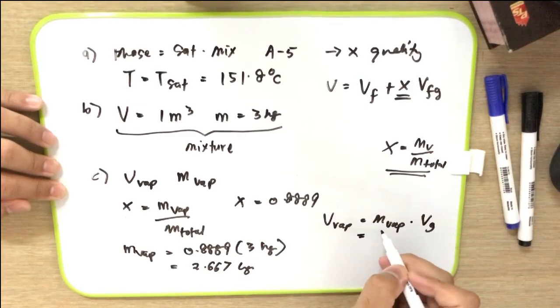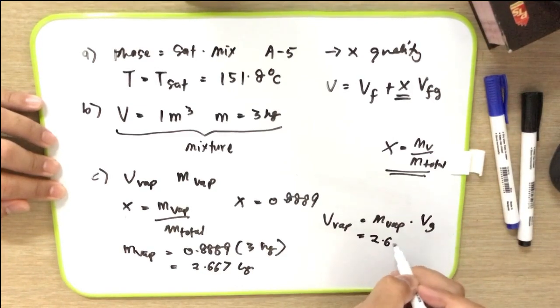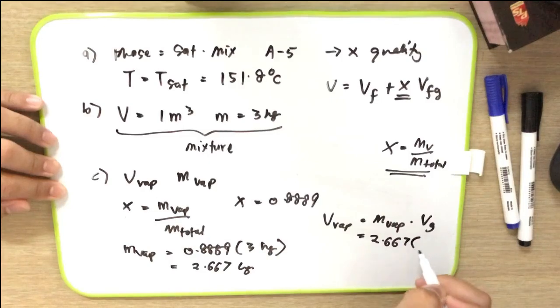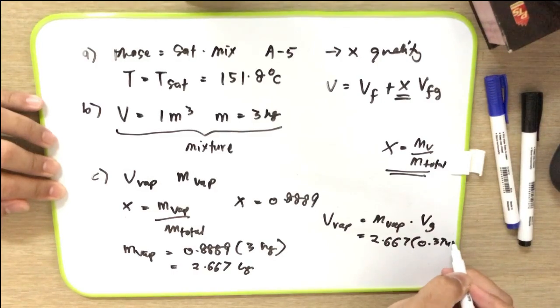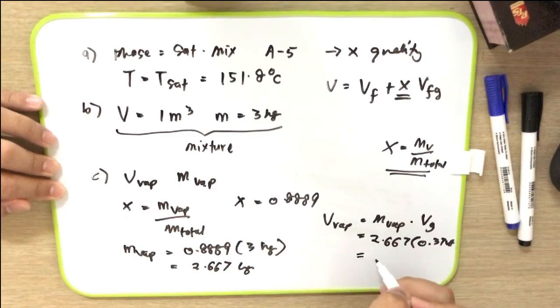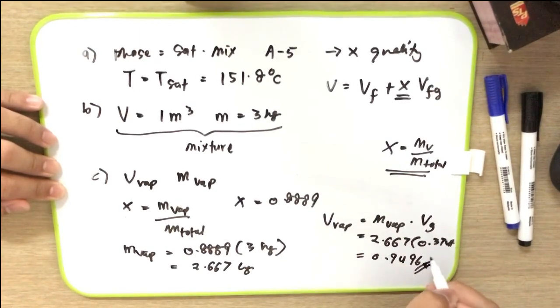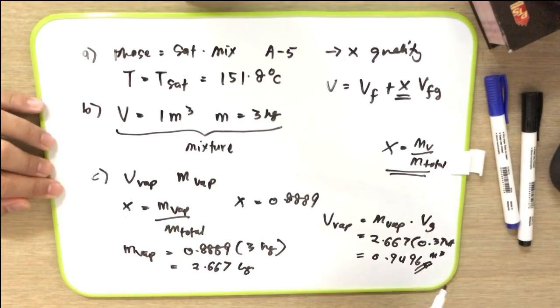So by using M vapor just now, 2.667, we multiply with 0.3748. So you will get 0.9496. That is how we solve question number 3.